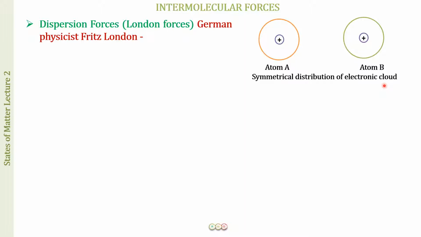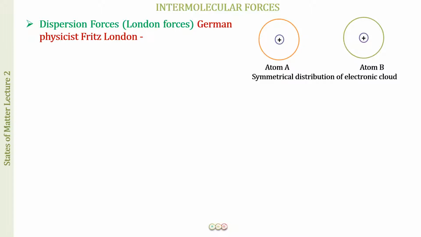Now what happens over here is that at one instant of time, the electrons are constantly moving around the nucleus in a three-dimensional space which we call an orbital. So this is a three-dimensional space where the electrons are moving. At one instant, just think, it is a possibility that the electrons, rather than being symmetrically distributed around the nucleus, have an unsymmetrical distribution.